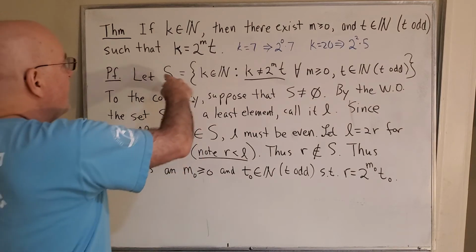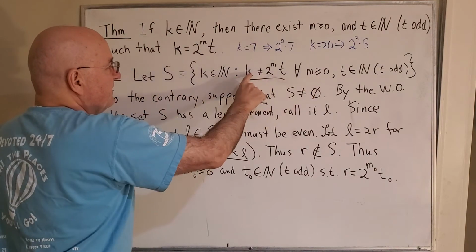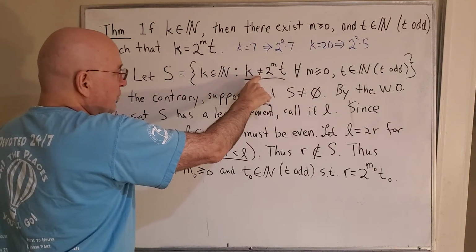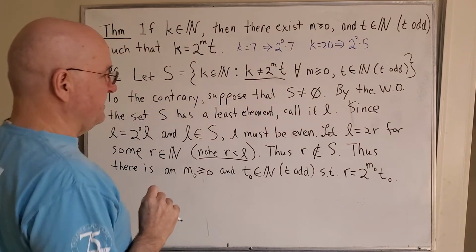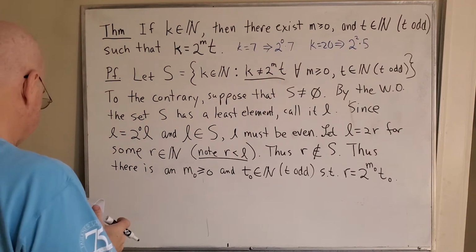Since R is not in this set S, there is an m greater than or equal to 0 and an odd positive integer t such that R equals 2 to the m times t.